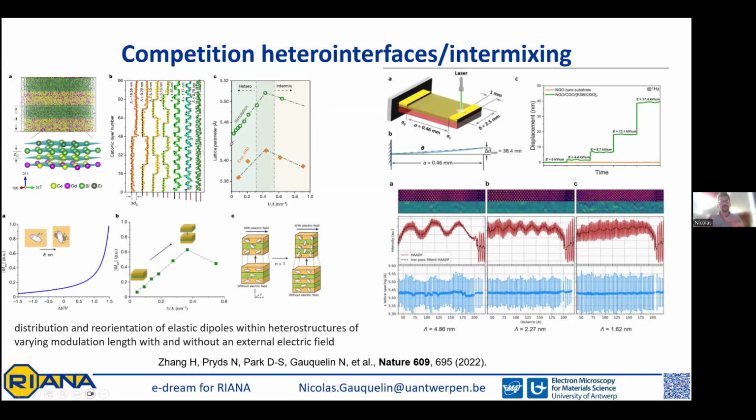Due to the fact that we have a distribution on the reorientation of the elastic dipoles within the heterostructures with and without an electric field. And what you see here is the HAADF intensity, and you see also from the HAADF intensity and from the strain that the thinner the layer is, the more it becomes homogenized through the whole superlattice.